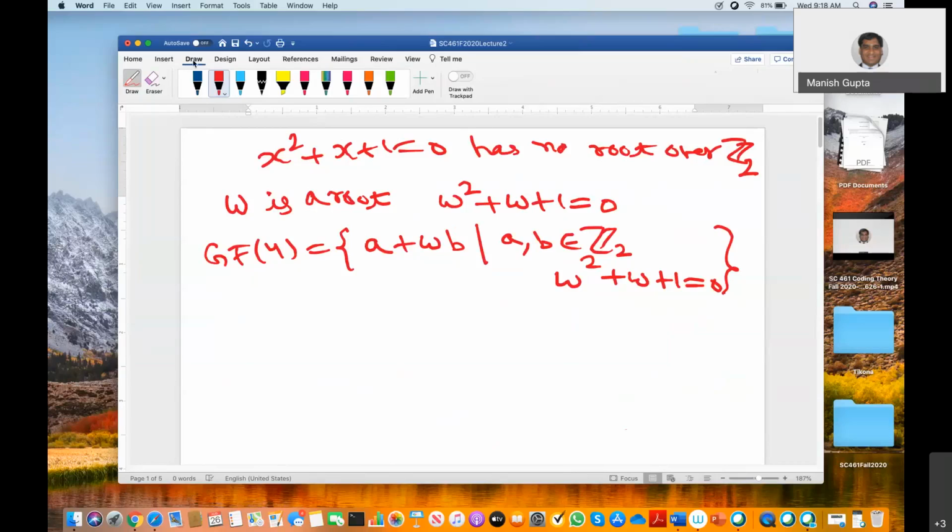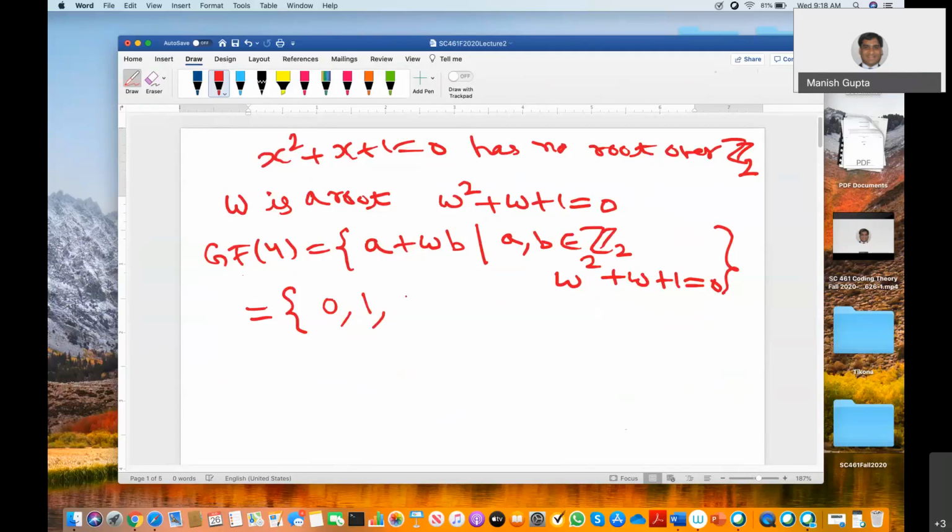Now, I can list the elements here. A and B have two choices each from Z2. A is either 0 or 1, B is either 0 or 1. So what are we going to get? If both A and B are 0, we get 0. If A is 1, B is 0, we get 1.